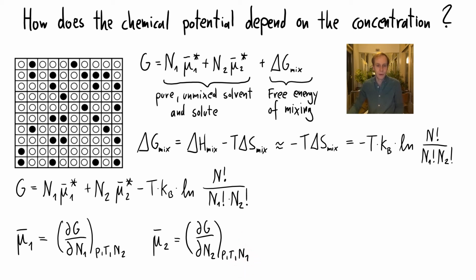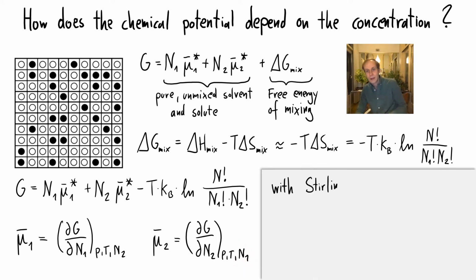Okay, now I'm actually going to skip a few mathematical steps, because what we need to do now is basically take this expression for the free energy, plug it into the partial derivatives, and then take the partial derivative.